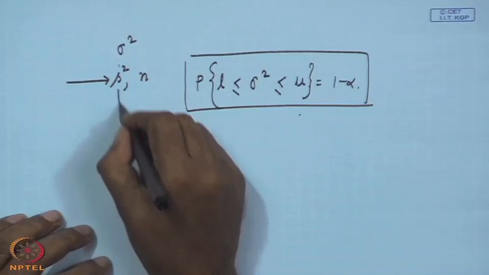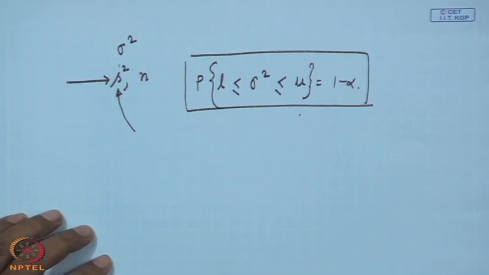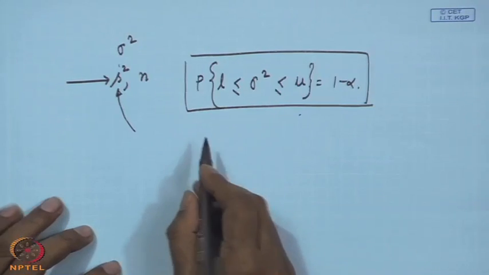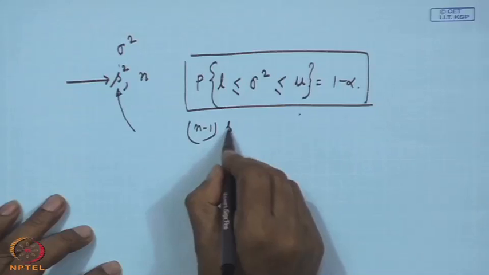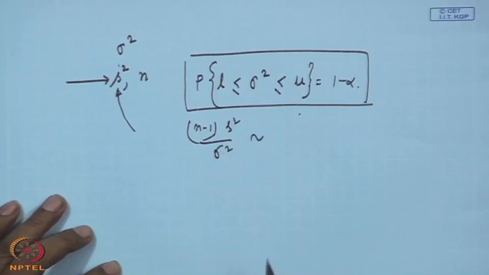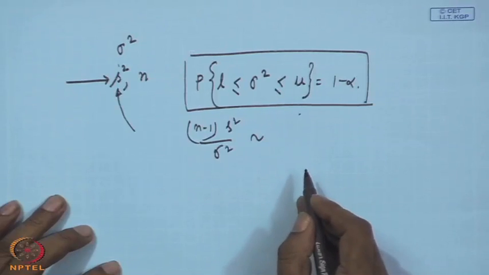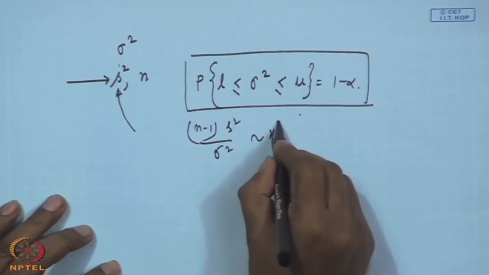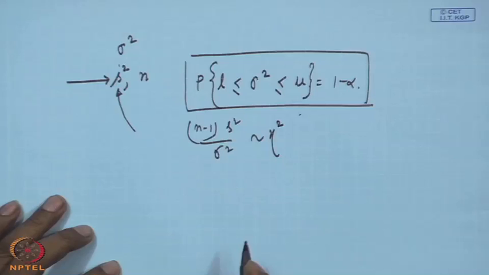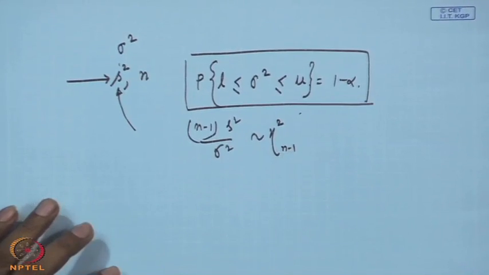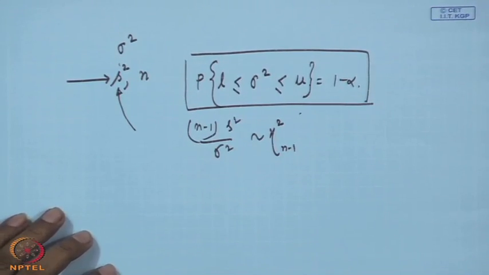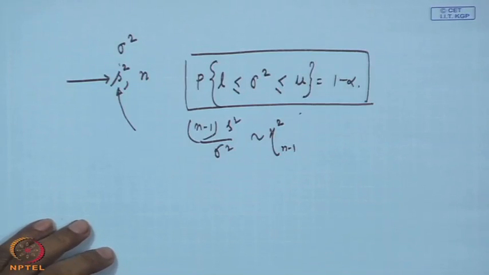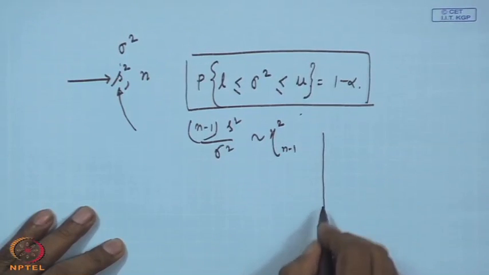But you have this computed statistic value S square, and we have seen under sampling distribution that it is not S square but n minus 1 S square by sigma square that follows the chi-square distribution. What will be the degrees of freedom? n minus 1. You know the chi-square distribution has a different shape depending on the degrees of freedom.